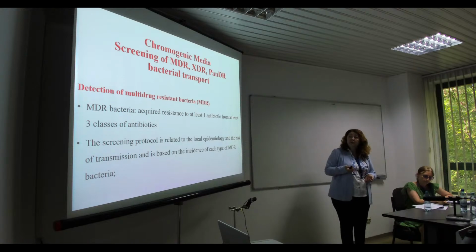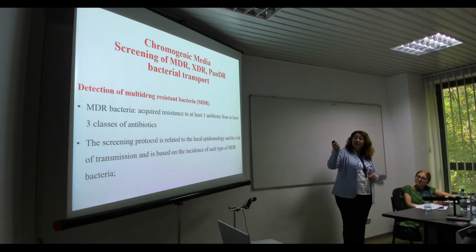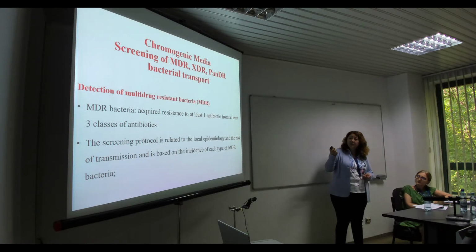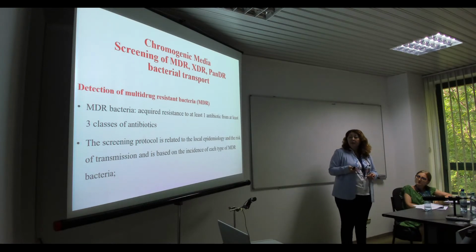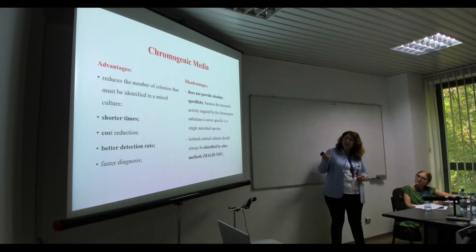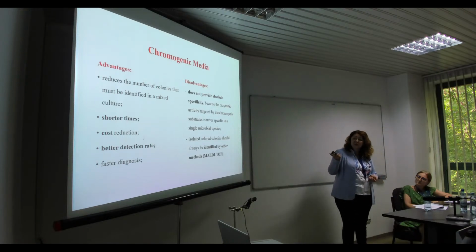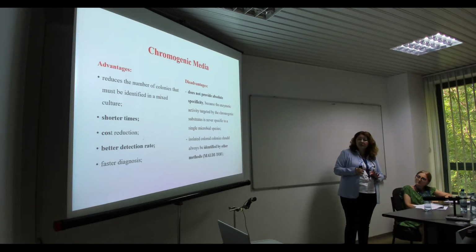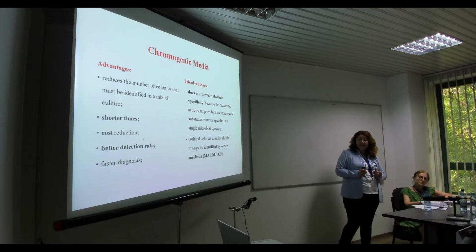And types of techniques for the detection of this MDR, XDR. The most important and most used ones are the chromogenic media for the detection of multi-drug resistant bacteria. It has advantages: it reduces the number of colonies that must be identified in a mixed culture, shorter time, cost reduction, better detection rate, faster diagnosis, but it does not provide absolute specificity, right?